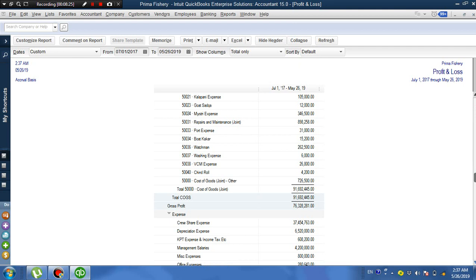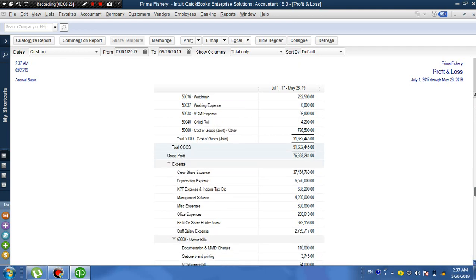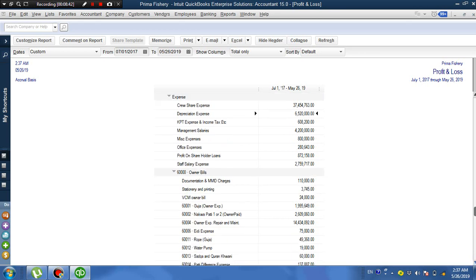Look at this, and here are the profit and loss, the owner expenses, crew share, depreciation also charged, and the owner bills.